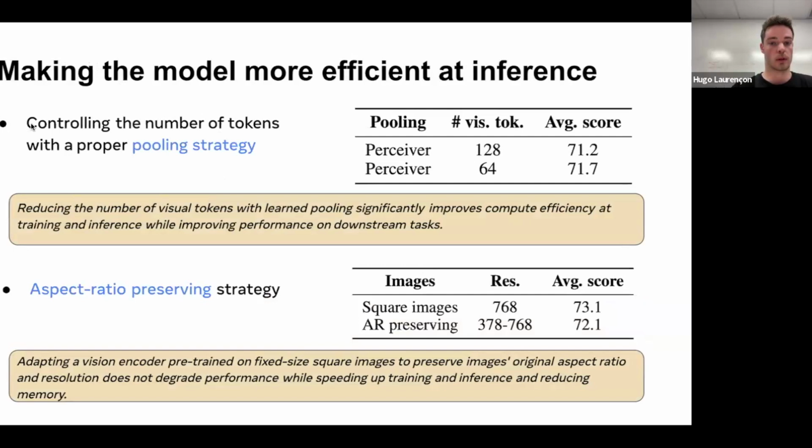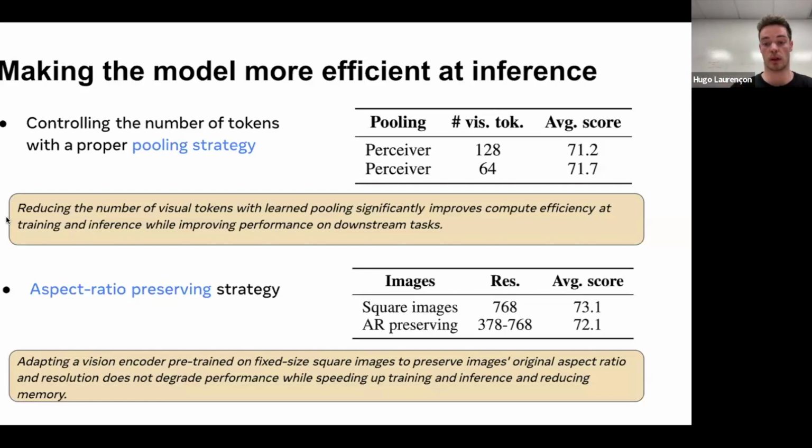So now talking a bit about the efficiency at inference. As mentioned a bit before, you will have as output of the vision encoder a certain number of visual tokens. And the problem is that this number, if you don't reduce it, if you don't apply any pooling strategy, can be pretty high.